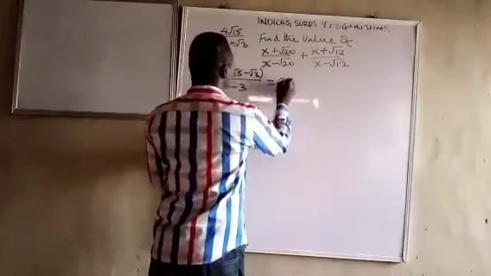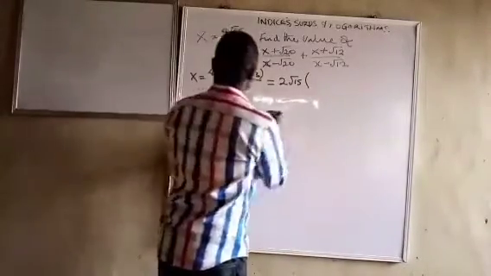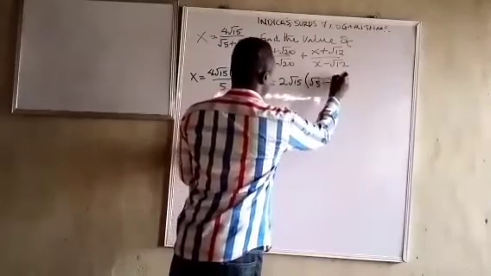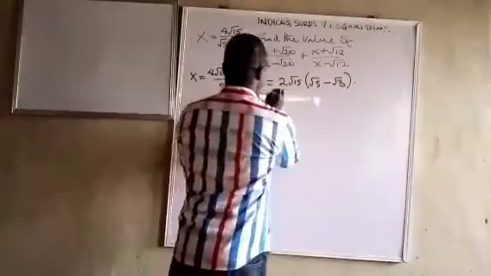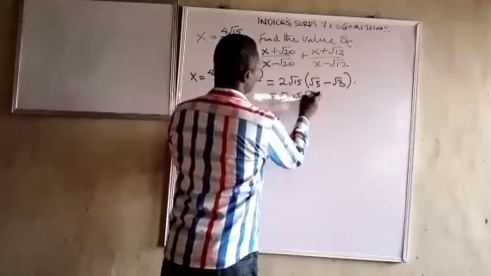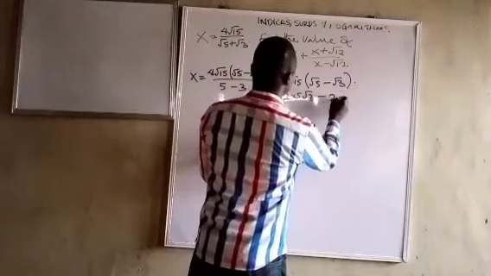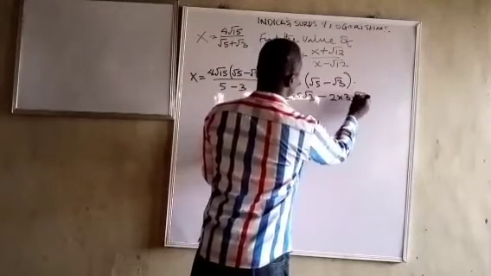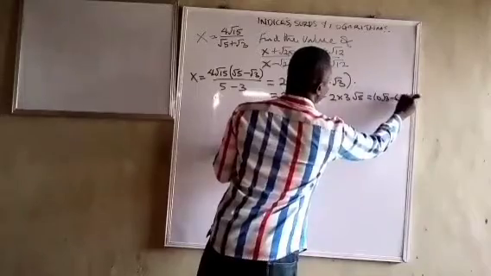And that is going to give me 2 root 15 into root 5 minus root 3. And I can express that to be equal to 2 times 5 root 3 minus 2 times 3 root 5, which is 10 root 3 minus 6 root 5.